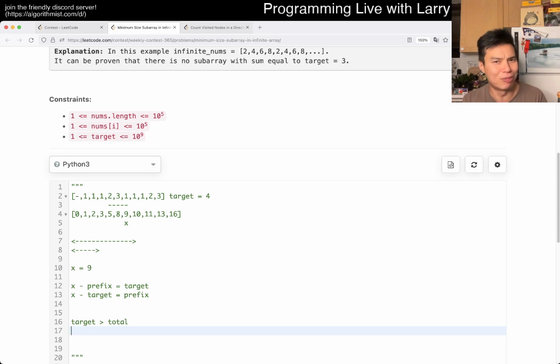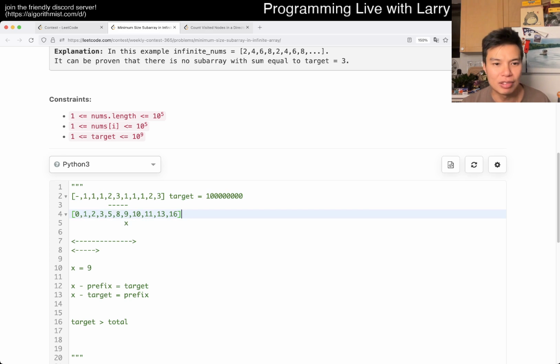So hopefully that makes sense. That also means that if you have a total, there's only one way to add to the total. Meaning that, let's say instead of a target of 4, you have, I don't know, some big number, right? What does that mean?